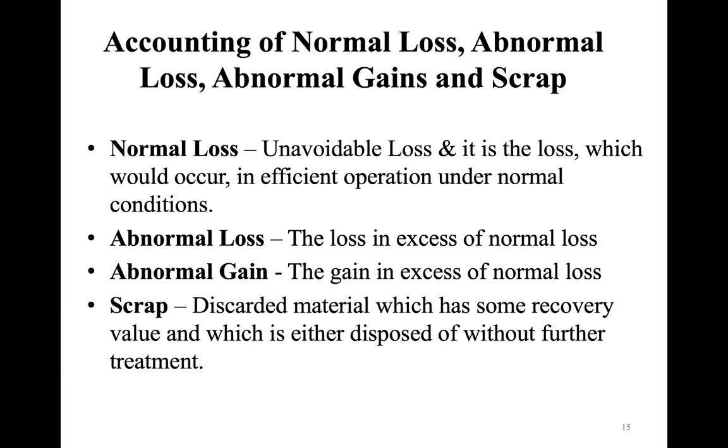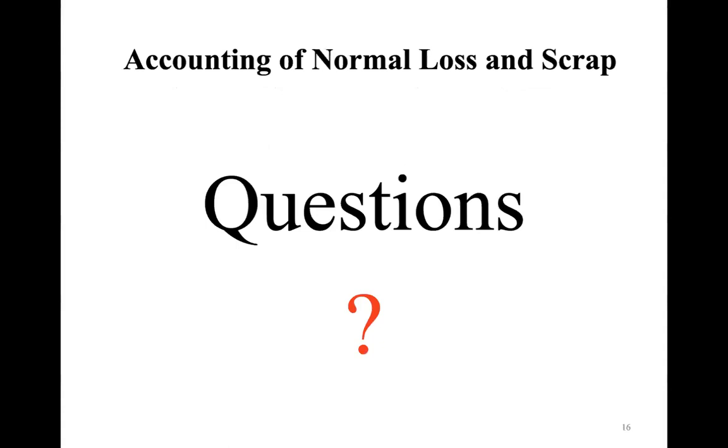If we are discarding that machine properly from the business, we are removing that machine, that we call scrap. Is it clear? So you need to properly understand what normal loss is, what an abnormal loss is, what an abnormal gain is, and what you mean by scrap. Okay, then we have some questions from these normal loss and scrap. So I will discuss that in the next lecture.